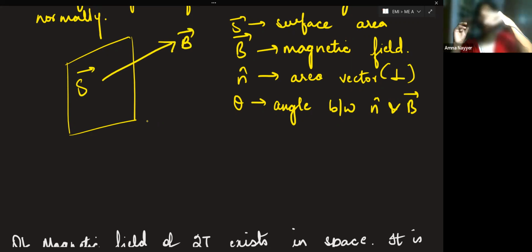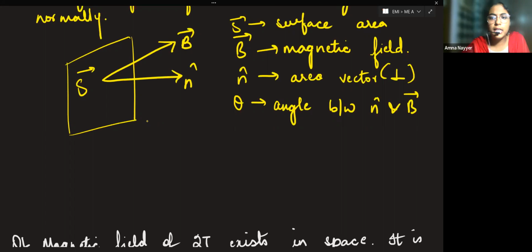For example, if I say this is a plane surface, and I drop a perpendicular to its surface like this, this is known as the area vector. A normal to the plane surface, a perpendicular line. So the perpendicular is the area vector. We represent it through n cap.